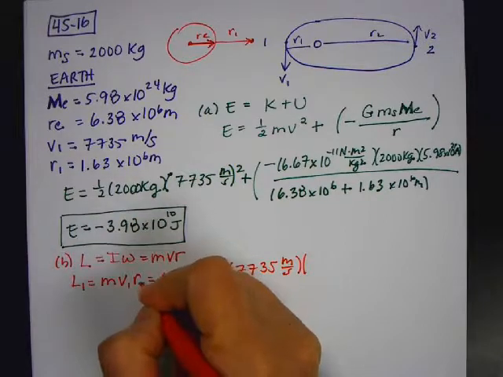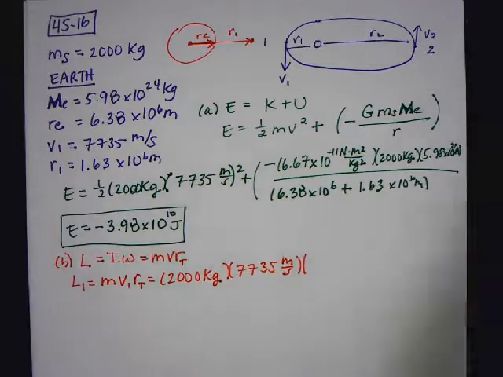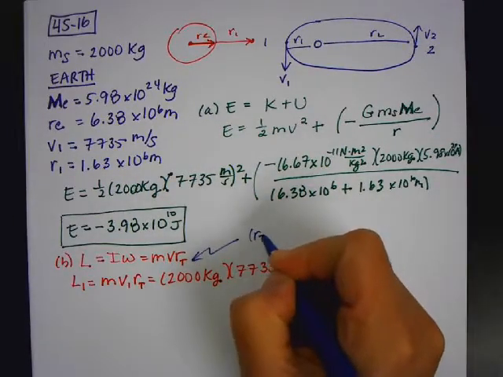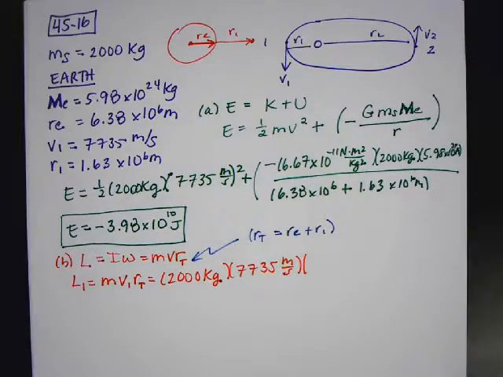I shouldn't have done that. I should call that R total, because R total is actually the sum of the radius of the Earth plus R1. So that's probably where you would be most likely to make a mistake.